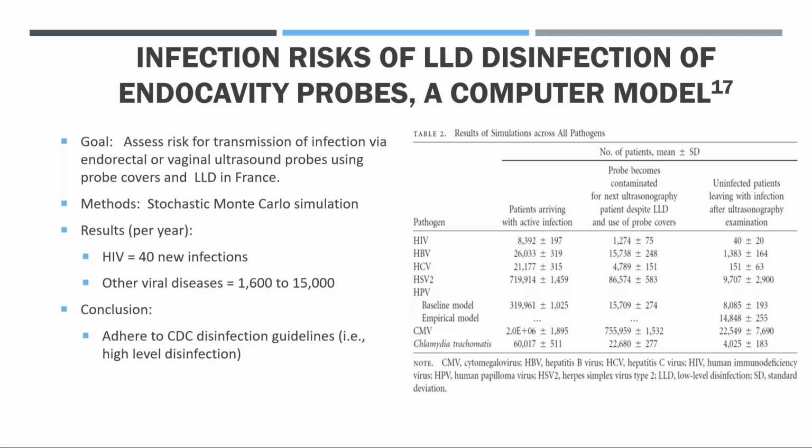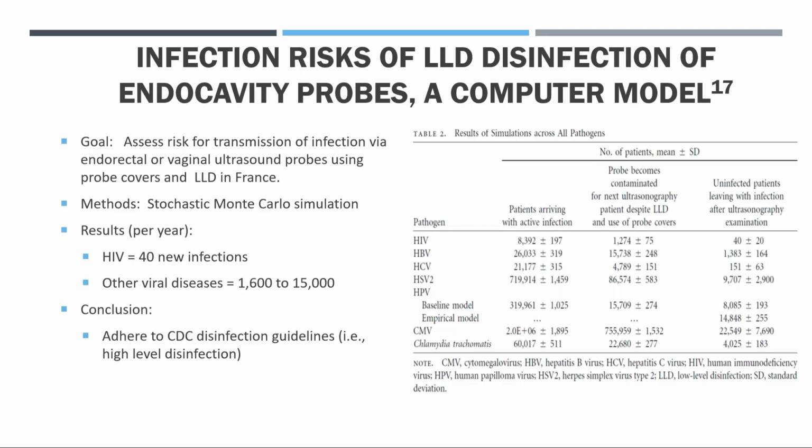For other viral diseases, a range of somewhere between about 1,500 and 15,000 other viral diseases. And the conclusion is one must adhere to the guidelines from the Centers for Disease Control for the use of high-level disinfection, which, as we've already seen, are really the standard from across the world. On the right, you can see an actual reproduction of a table from that paper, and you can read that in detail.